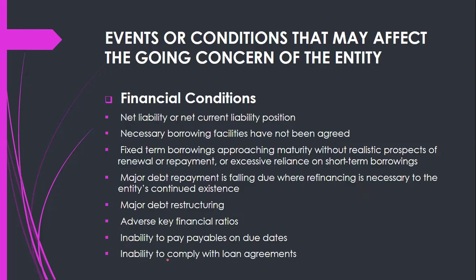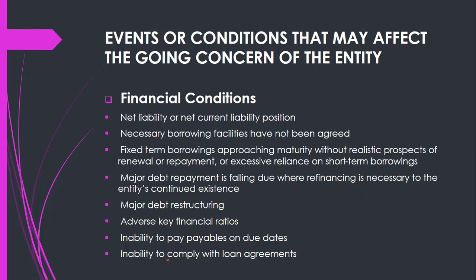Then now, there are certain examples that you can cite that may reflect that the company has going concern issues. Sometimes in the exam, you're given a scenario, and there are different scenarios. Sometimes the examiner combines business risk as well as going concern.